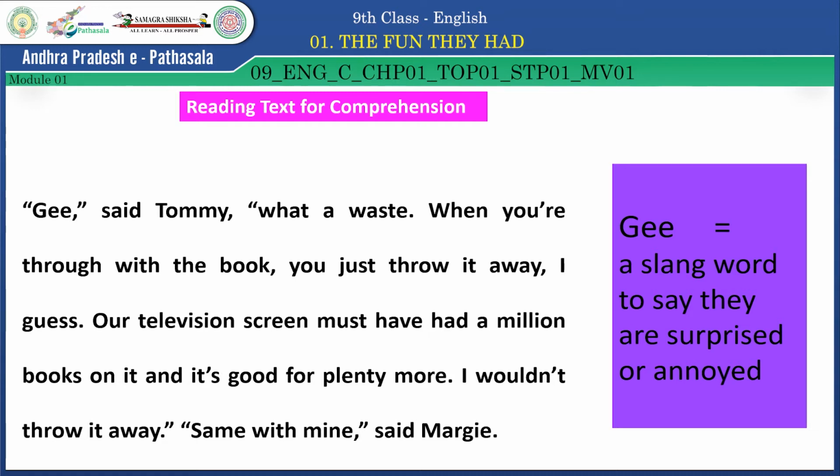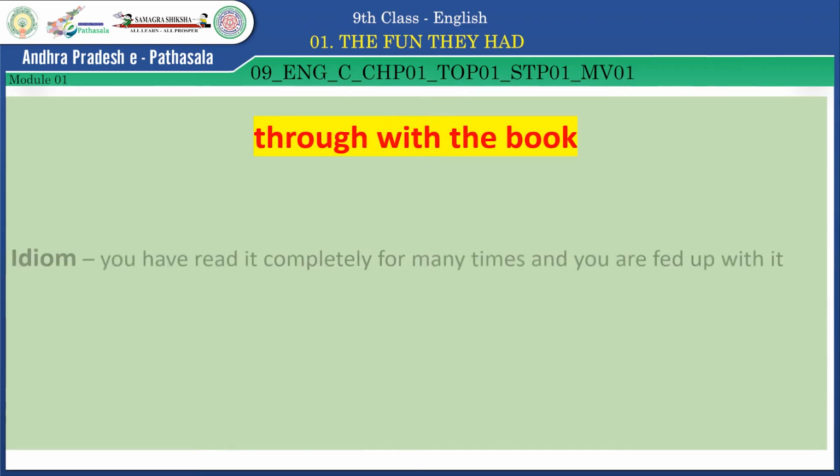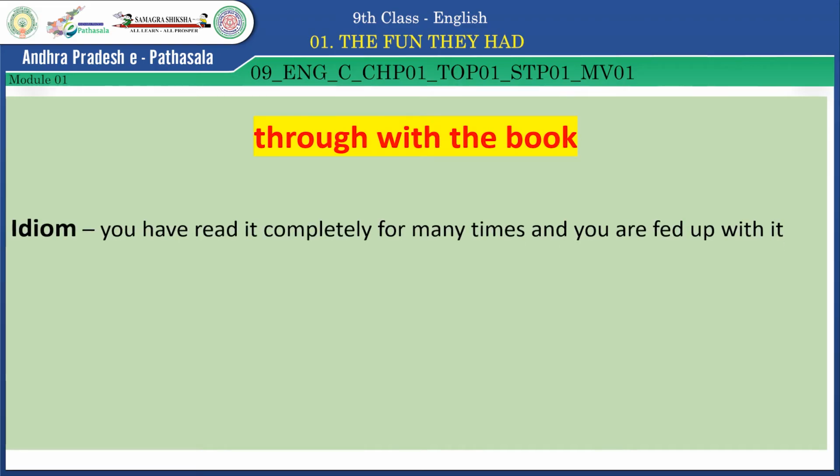What do you understand by the expression "through with the book"? Let's look at it. Through with the book is an idiom, which means you have read it completely many times and you are fed up with it.